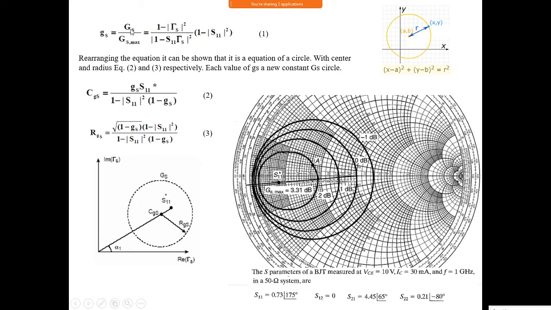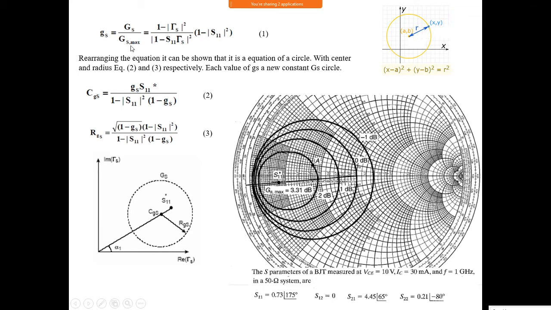For that particular value of normalized gain, for example we want a 2 dB gain here, you can see the ratio is 2 dB divided by GS maximum for a particular problem.